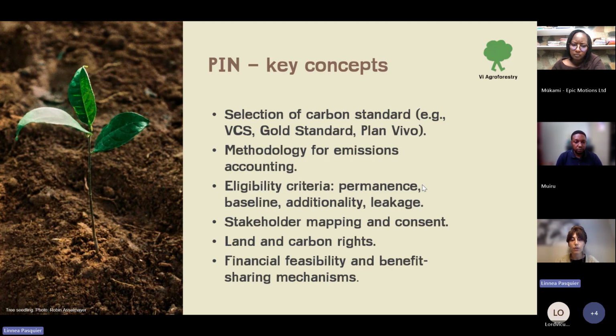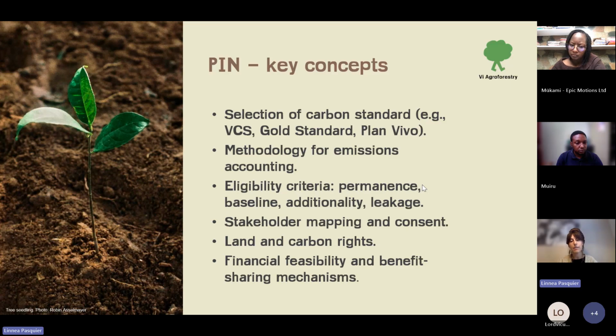Then you also have to do stakeholder mapping and consent. You have to map the stakeholders that will be participating. Land and carbon rights. Land rights is, you know, you have to have land tenure rights, so that's clearly registered under the farmer, for instance, in our case. Carbon rights is who owns the actual carbon that is stored.